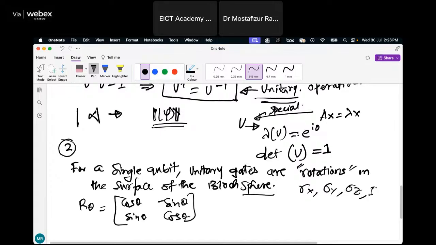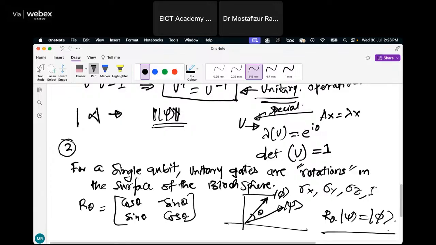For example, suppose this is your quantum state, say psi, and you just want to rotate it by a theta angle to this phi quantum state. So basically, you just need to multiply this R theta with ket psi, which equals ket phi, right? So this is simply like this in a single qubit case.